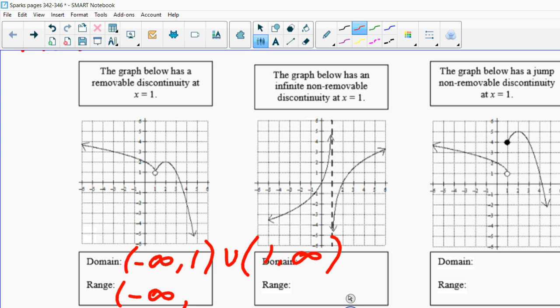Yeah, because there's another piece. Right, y equals 1 is not included there, but is included there. To infinity. Good. Good catch, Isaiah. You're welcome.